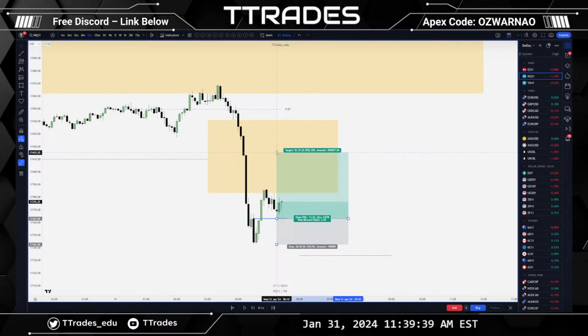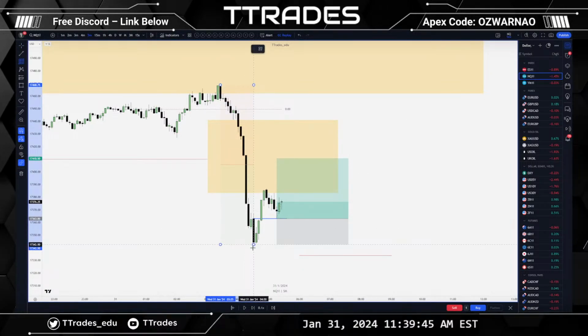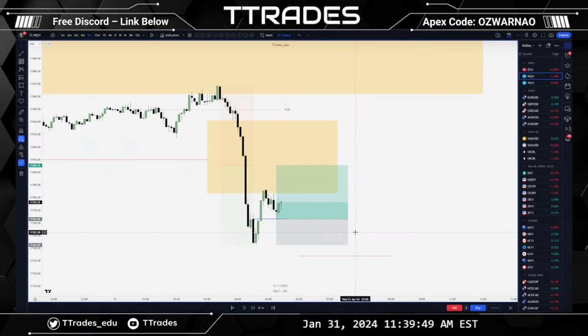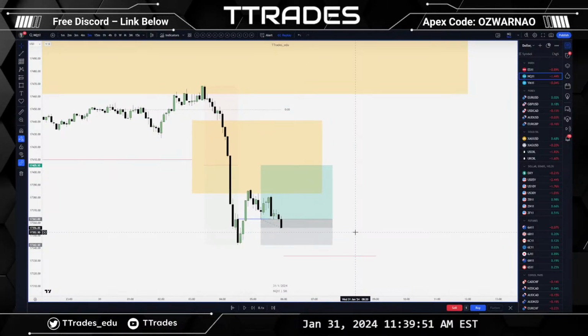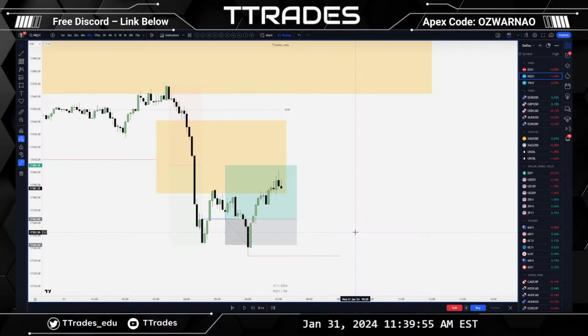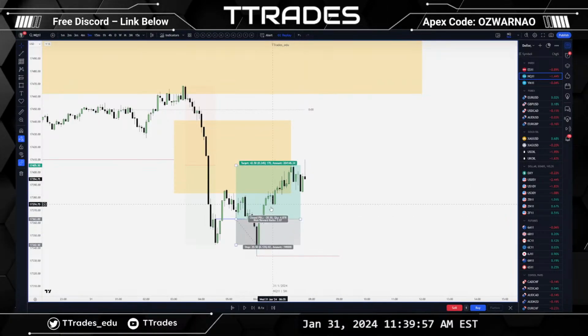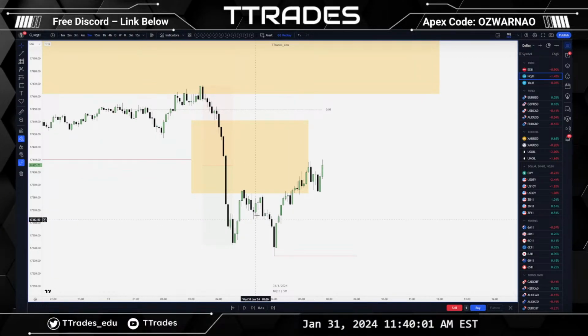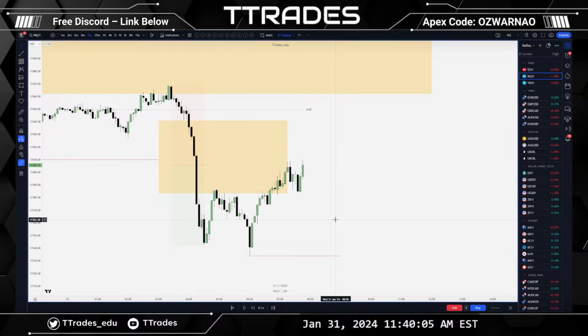Oh, we'll go for equilibrium of this range, right? No, I'm doing this. Let's say we're targeting that. I'm sure many of you have done this. It goes and stops you out. And then you're like, why did it go to my target? That's because you're trying to catch this low risk buy or sell. It becomes higher probability when you wait for structure to actually develop.